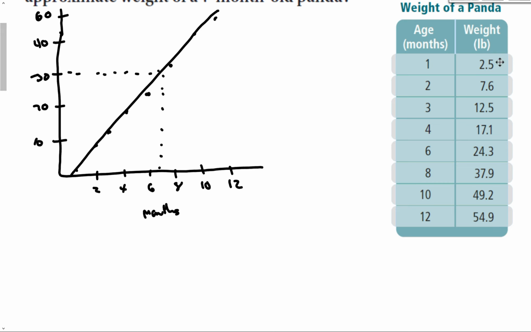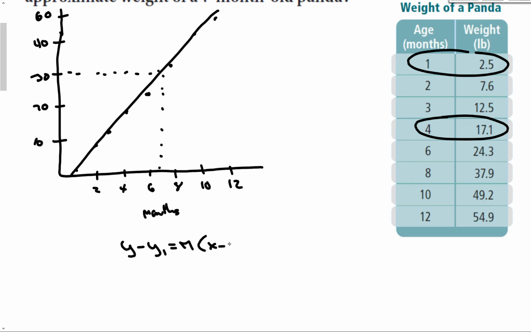Well, I have 2 points. There's a point, and you can use any point on here. Let's use that one right there. Okay, so there are 2 points on the line. So point slope form, if you remember, is y minus y1 is equal to m times x minus x1. Okay, when we have 2 points, now we just need the slope. So let's calculate the slope.